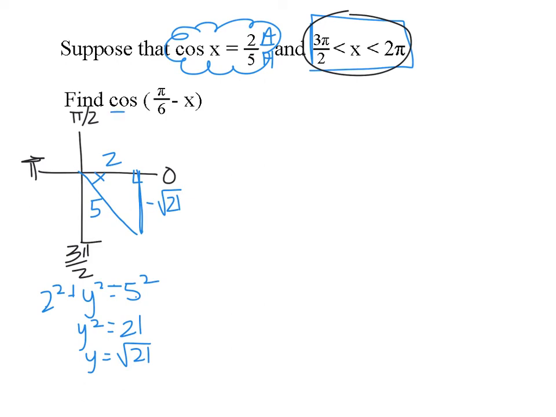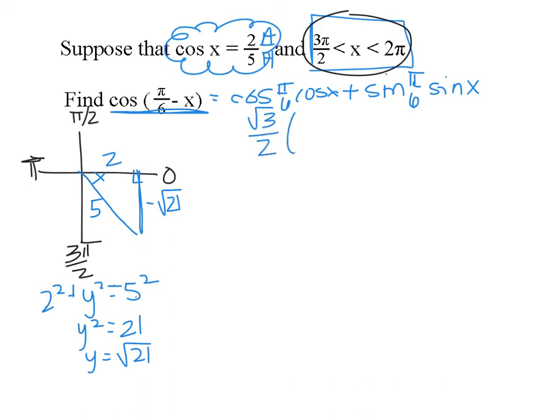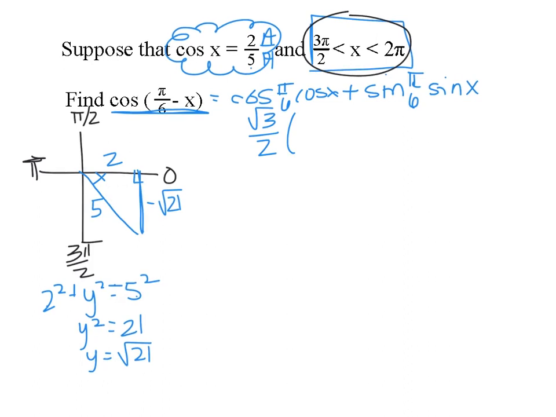All right, now if you look here, we're trying to find cosine of pi over 6 minus x. So let's apply our identity: cosine, cosine, sine, sine, sine. Then from here, substitute in what we know. Cosine of pi over 6 is root 3 over 2. Pardon me. Cosine of x, lo and behold, is 2 over 5.